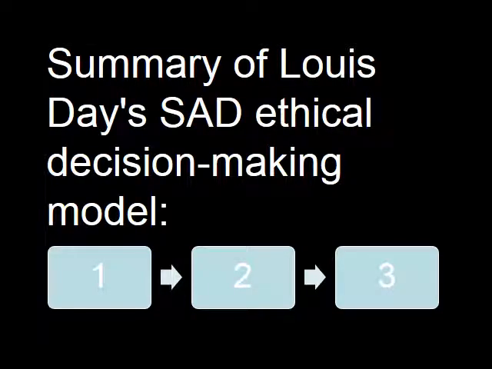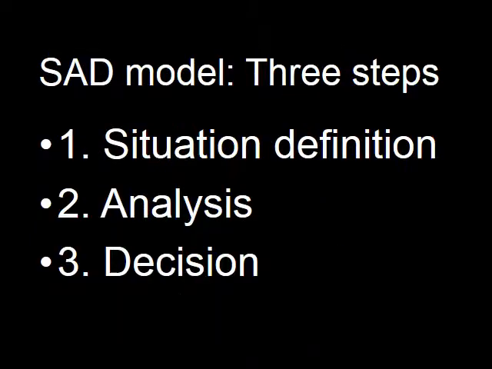And he has come up with a wonderful, systematic, ethical decision-making model that has 3 steps or 3 stages. 1, 2, 3. So here's a summary of the 3 steps. Step 1, you define the situation. You get a good, clear picture of the situation and the ethical dilemma. Okay.